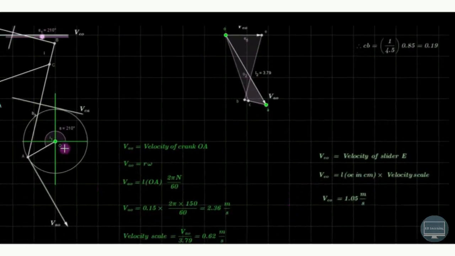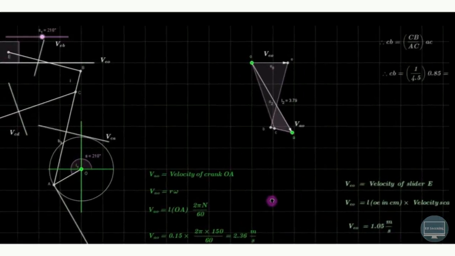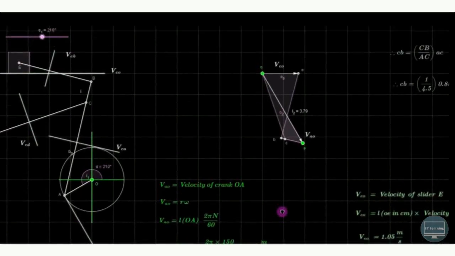So at this particular instant, when the crank is making an angle of 210 degree from the positive x-axis, the velocity of the slider is 1.05 meter per second, or approximately 1 meter per second. So this is the mechanism for which we can draw the velocity diagram as shown over here.